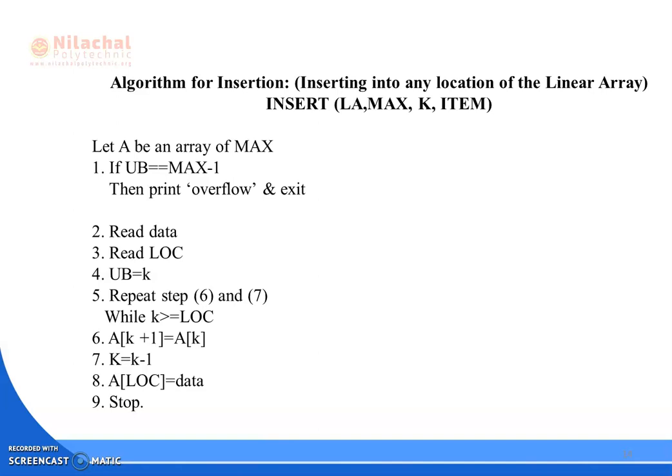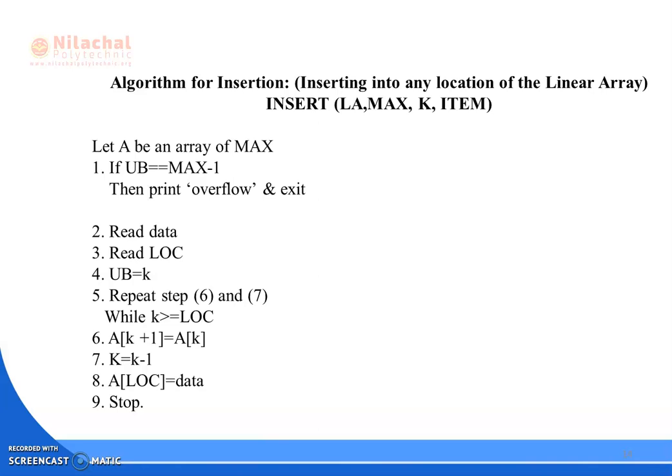By taking one example, let's discuss this. For example, we are taking an array A which is of size 5. Size 5 means that the max value is 5, so the index values will start from A of 0 up to A of 4.